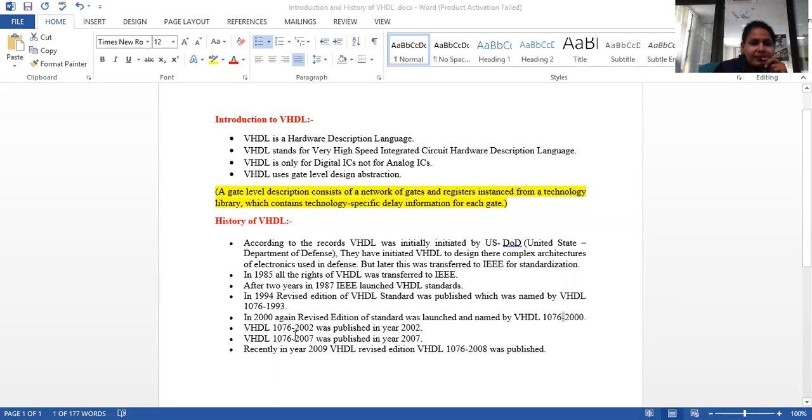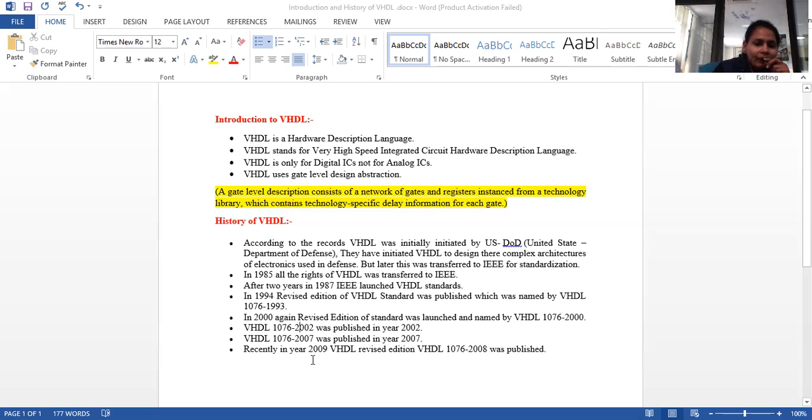VHDL 1076 2002 was published in the year 2002, and VHDL 1076 2007 was published in the year 2007.